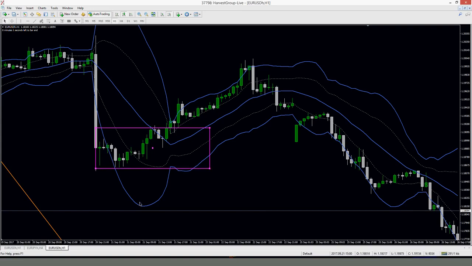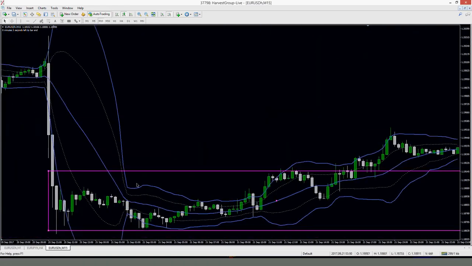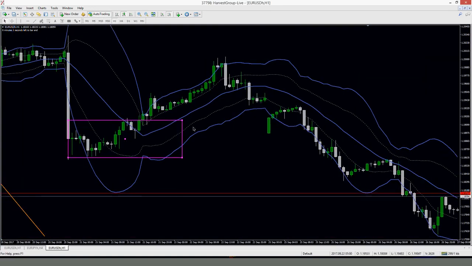Although this is a momentum Bollinger Band, there's also a component of sideways within it. If you look into M15, you will see that the Bollinger Band is already sideways.